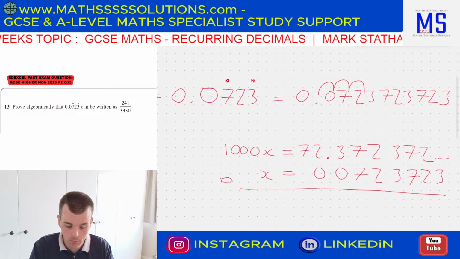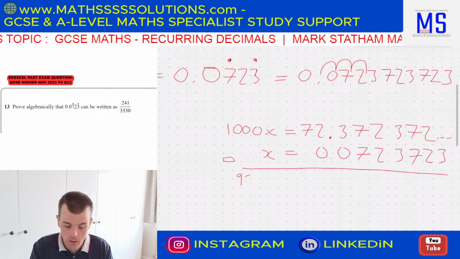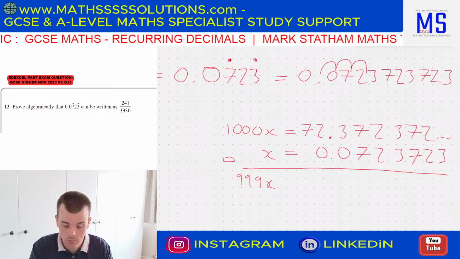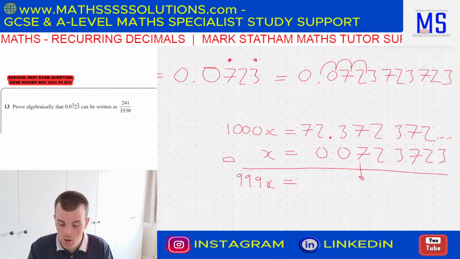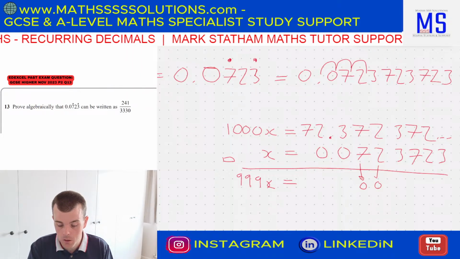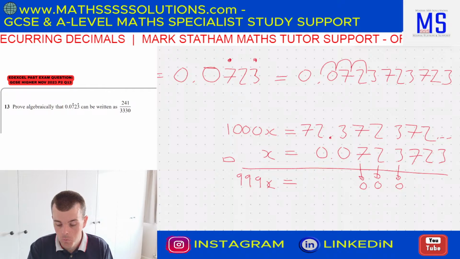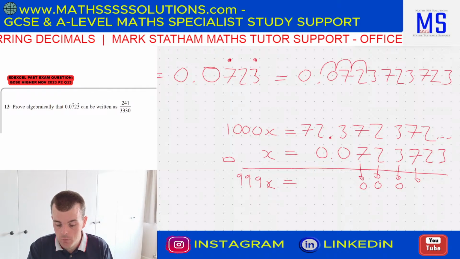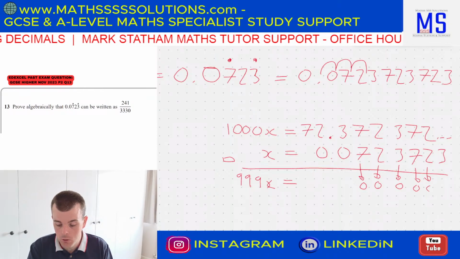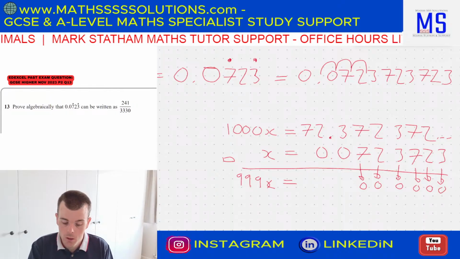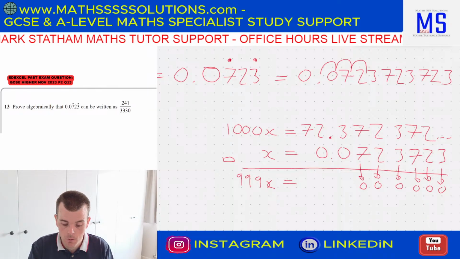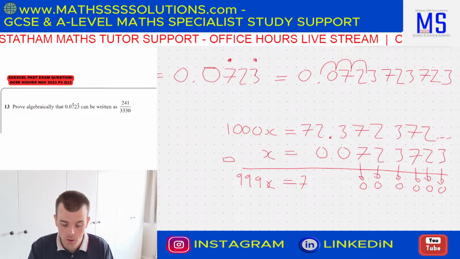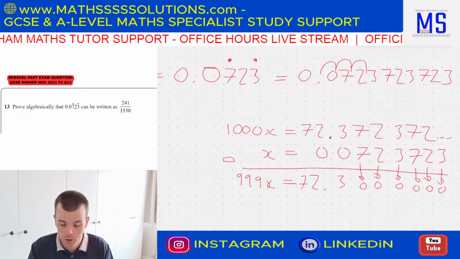You would get 999x, and everything after the decimal point becomes 0, because when it's 723, 723, they all become 0. But you've got 72.3 when you take away.